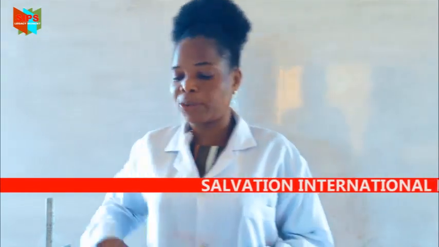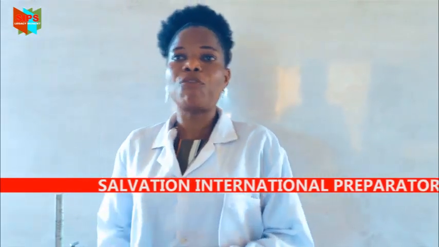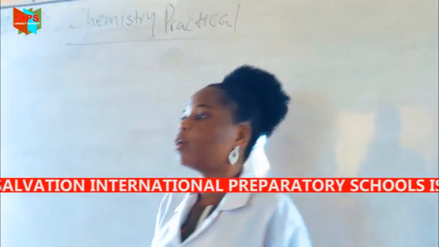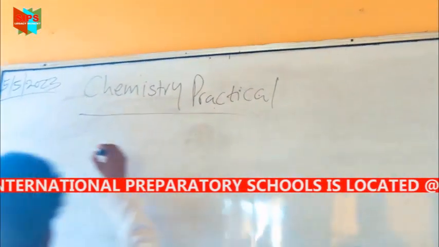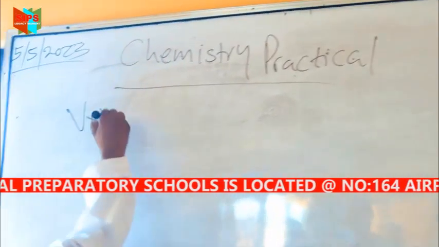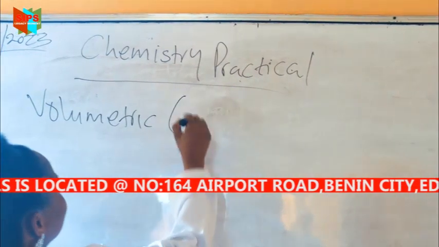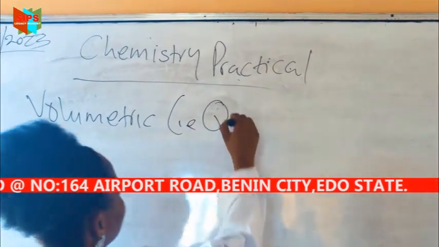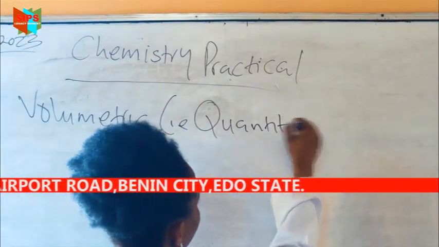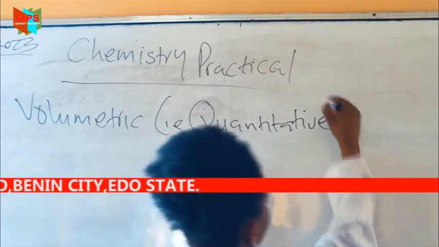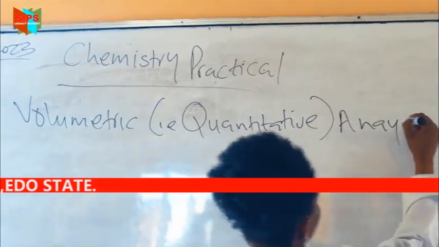Then we have two types of titration. We have redox titration and volumetric titration. But our focus here will be on volumetric titration. That is volumetric analysis, that is quantitative analysis.